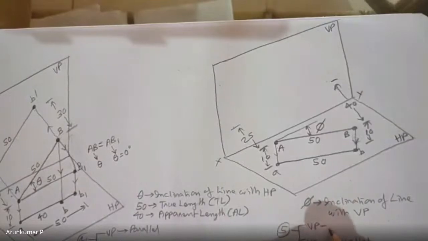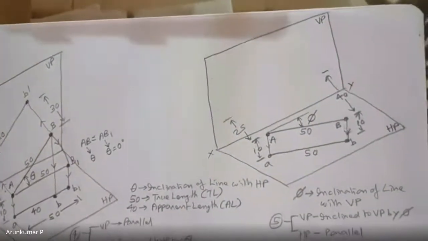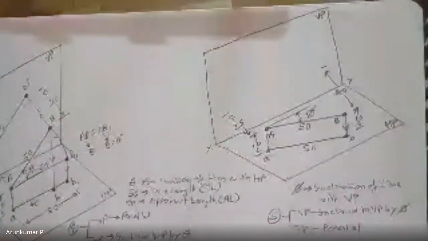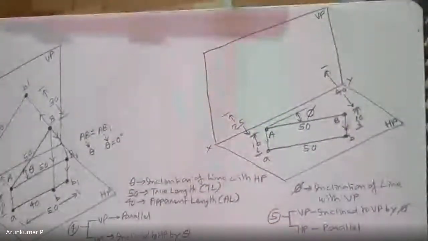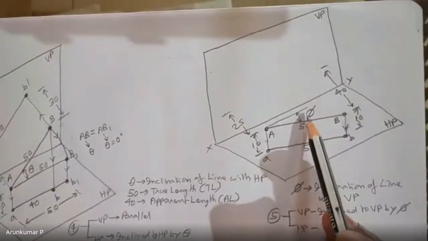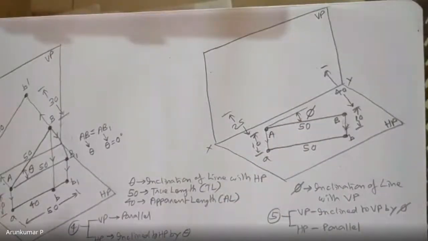With VP, it is inclined to VP by an angle phi. Okay, as is clearly visible here. So it is not parallel to VP.